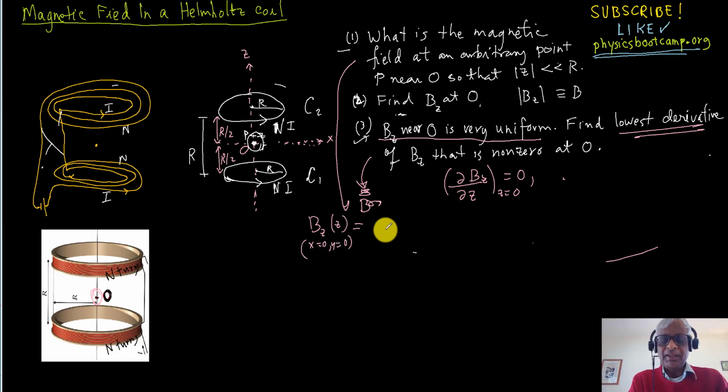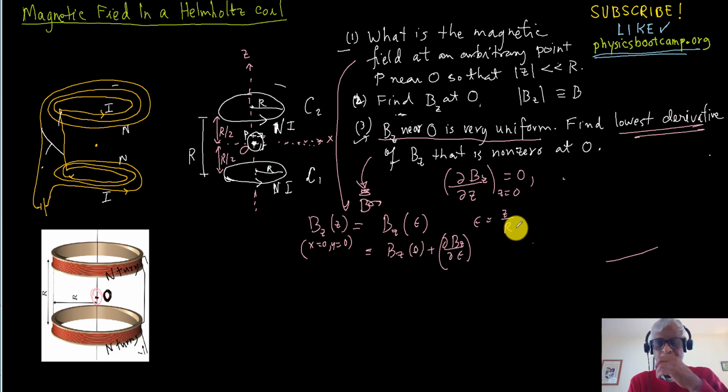Then you're going to write B of z in terms of epsilon equal to z over R, and expand: Bz at 0, plus dBz/d epsilon at epsilon equal to 0 times epsilon, plus d squared Bz/d epsilon squared at epsilon equal to 0, and so on.